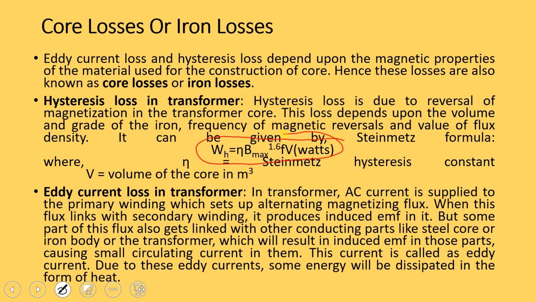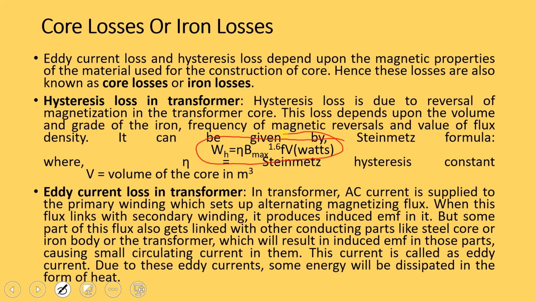In a transformer, AC current is supplied to the primary winding, which sets up alternating magnetizing flux. When this flux links with the secondary winding, it produces induced EMF in it, but some part of this flux also gets linked with the other conducting parts like the steel core or iron body in the transformer, which results in induced EMF in those parts also, causing small circulating currents in them.